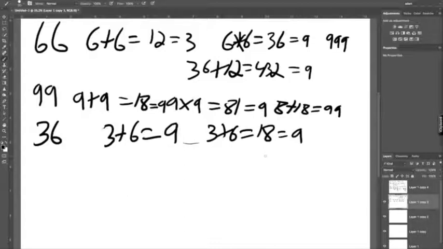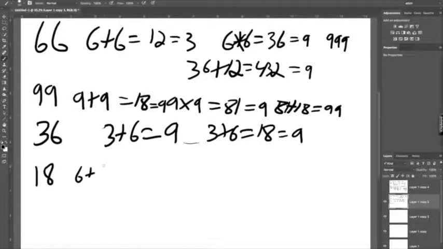To reckon the number of the beast is more than just looking at 666. Okay, it all is 9. Satan's number. So, I see I missed this one. 81. Alright, let's go on. 18. 6 plus 6 plus 6 equals 18, right? Equals 9.